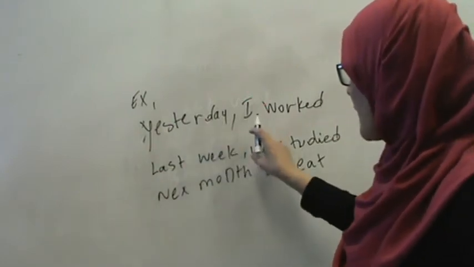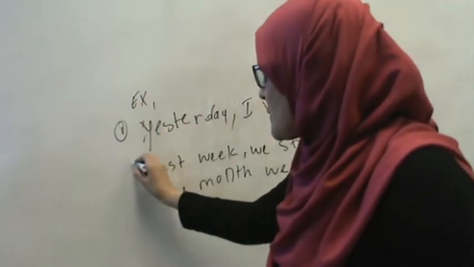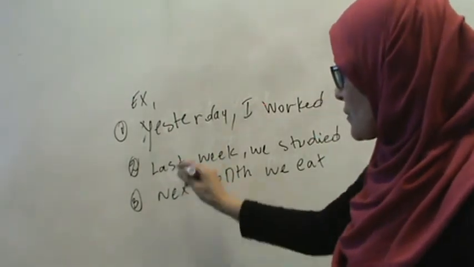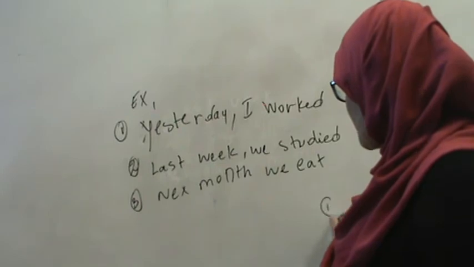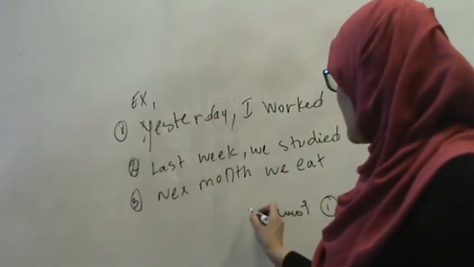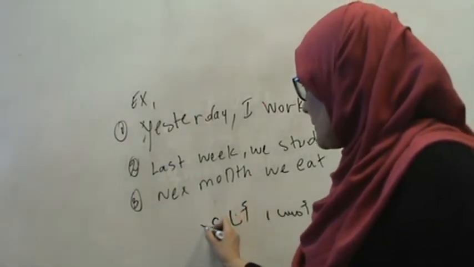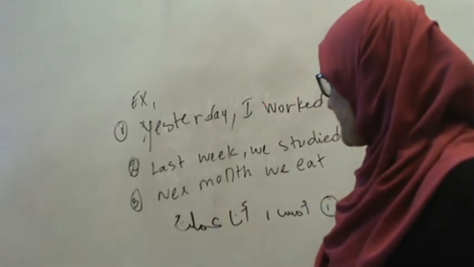So yesterday I worked. I'm going to say 1, 2, and 3. Okay, so I'm going to go to number 1 and I say أمس. I'm going to put here أمس أنا عملت. The word to work is عمل.